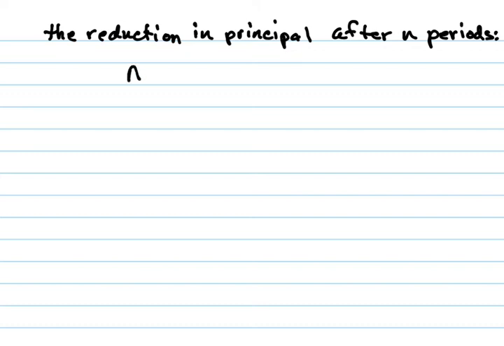Right, so to find it, you simply take the principal, which is your A sub 0, minus the amount after however many compounding periods they give you. Right? And sometimes they may ask you for what happens at the end of the loan. Sometimes it's during the loan, etc. So you just have to pay attention to the question. But that makes perfect sense, right? If you want the balance you owe, simply take out what the loan is worth now, and subtract that from the principal, and it'll tell you how much you've paid up to that point.